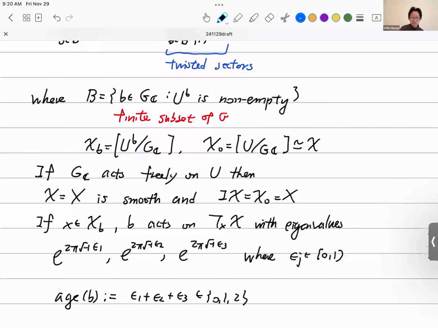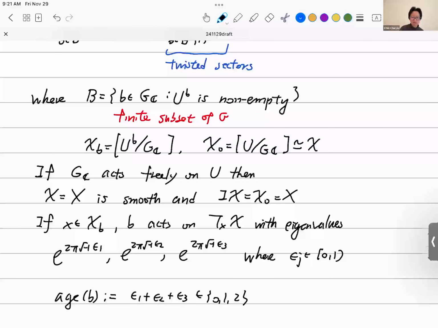So we also know that because of the Calabi-Yau condition, when we multiply the 3 eigenvalues, we get 1. So the sum of epsilon 1, epsilon 2, and epsilon 3 is an integer, so it can be only 0, 1, and 2.